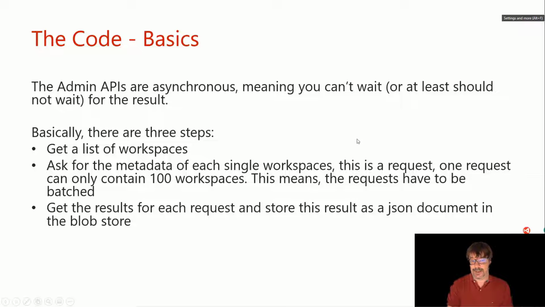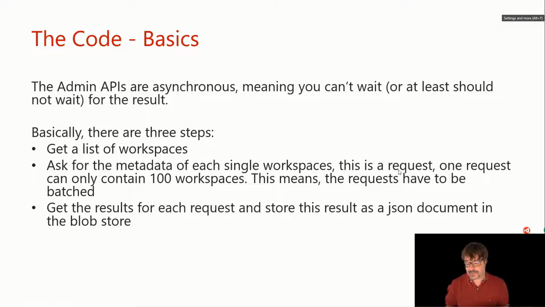So some basics. There are 3 steps. Get a list of workspaces. This is also described in the documentation about these REST API calls that I'm using, or in the blog posts, the announcements from the Power BI team that I mentioned earlier in the presentation. And then I ask for metadata for each single workspace.